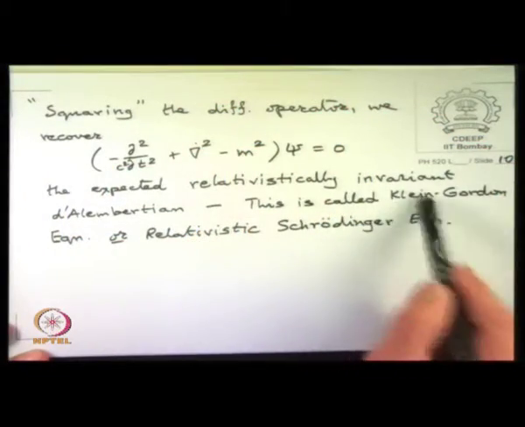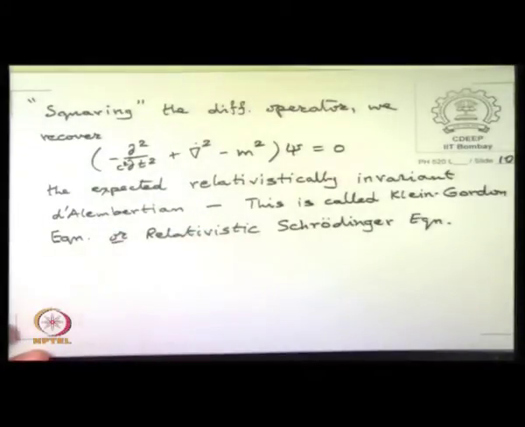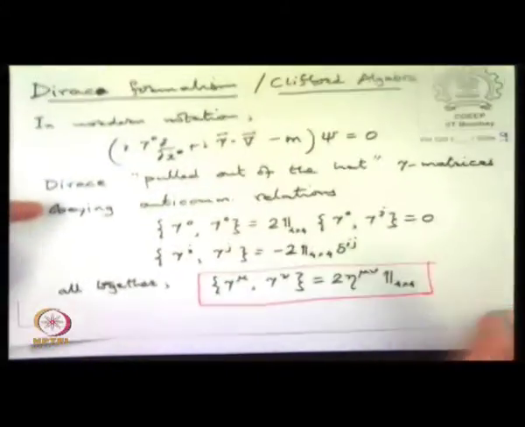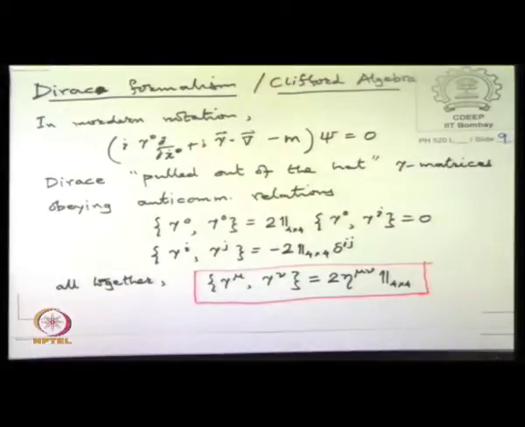Even Klein and Gordon basically got very puzzled by this equation and what it means and so on, because it was giving indefinite probability. So Mr. Dirac sat one day and said, how do I have an equation that is both relativistic and gives positive definite psi dagger psi? So he said, I remember that if I had the Schrodinger equation with first order time derivative, I do get a conserved current density, conserved density.